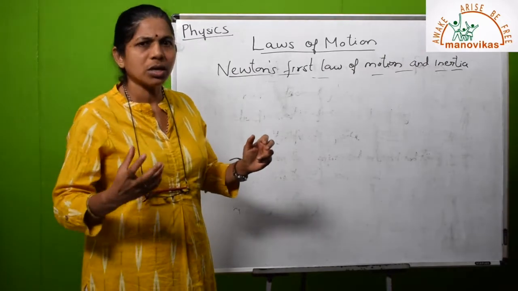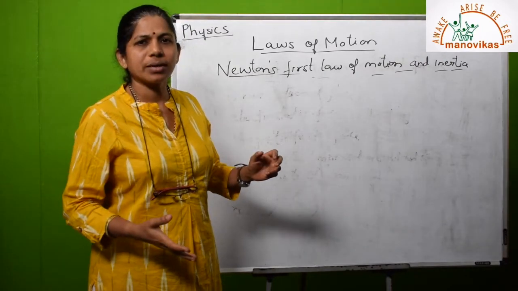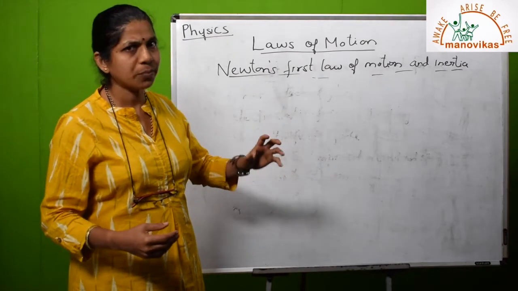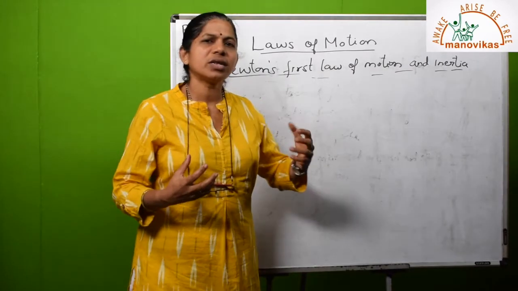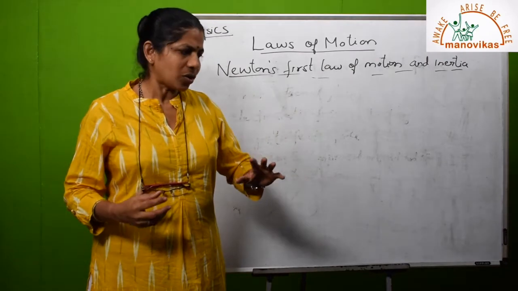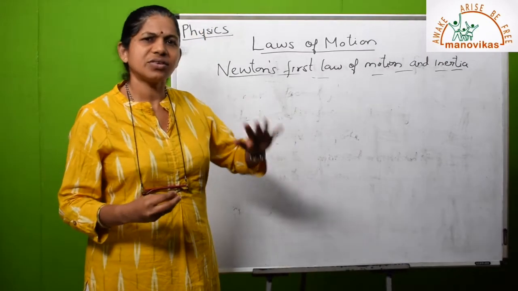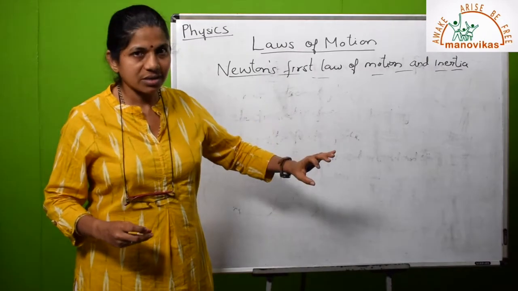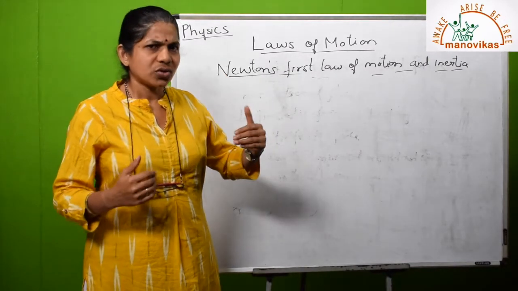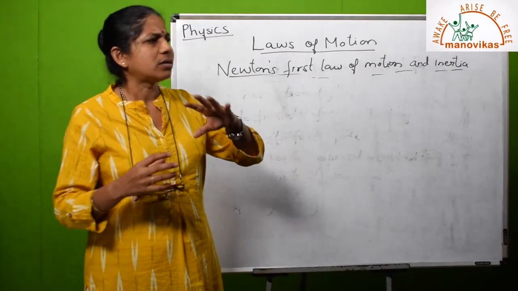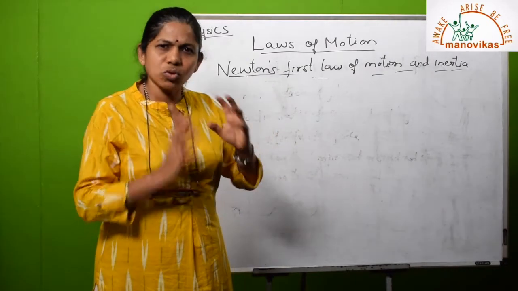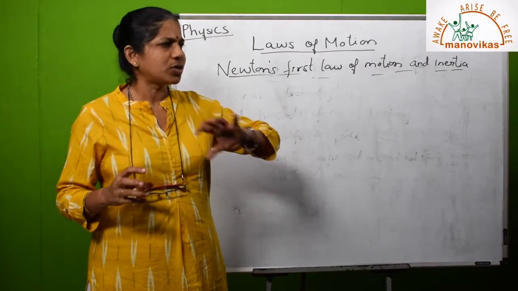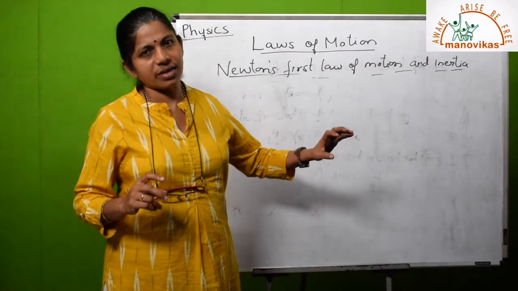Same with the ball. You just set a ball rolling. Due to friction between the floor and the ball, the ball will stop. But if you polish the surface in such a way that there is no friction, then the ball will cover a longer distance, and eventually, when friction between both the surfaces is reduced to zero, the object should move continuously.